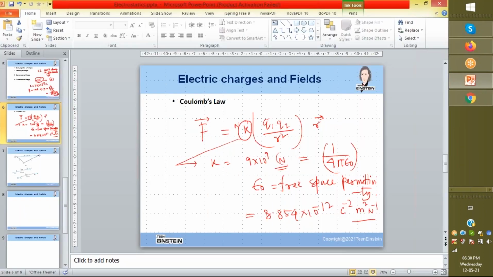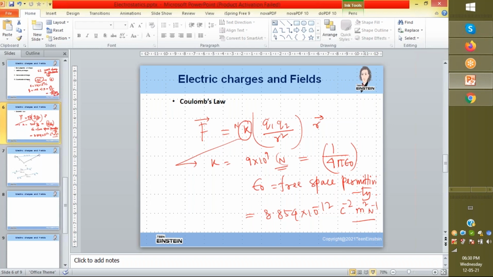And we have to know in which direction the force will be acting. The force will be acting along the direction of their separation, or along the line joining the two charges.